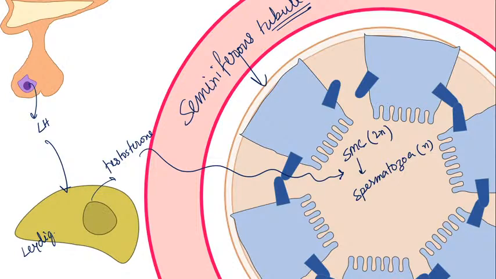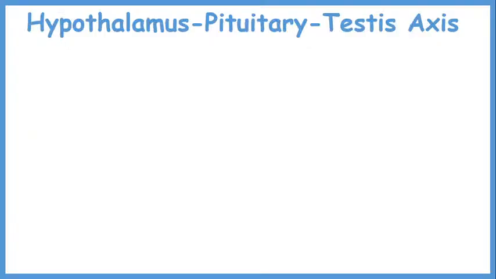Now moving on to the next part. Shall we move on? Let's do that. Now over here, what controls the spermatogenesis? This thing we have dealt with in detail in your hormones chapter, the Hypothalamus-Pituitary-Testis Axis. What happens in the hypothalamus, pituitary and testis? I would tell you to go and refer to that. I won't be repeating this. We have already covered this in hormones. Can you recall that we have covered this? In endocrine system part 3, we covered this idea.